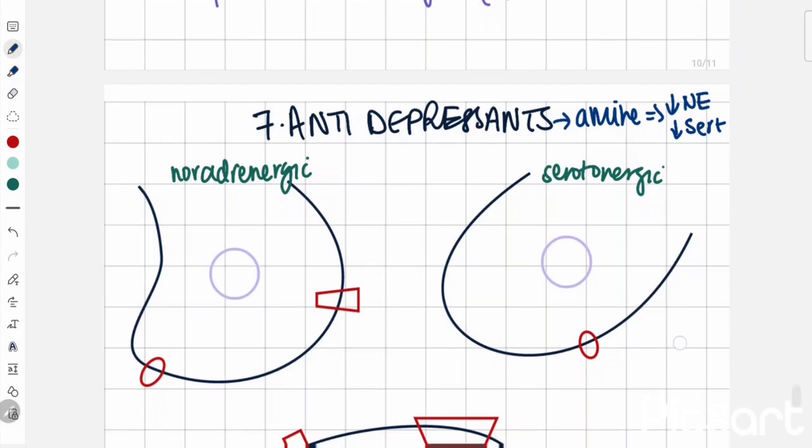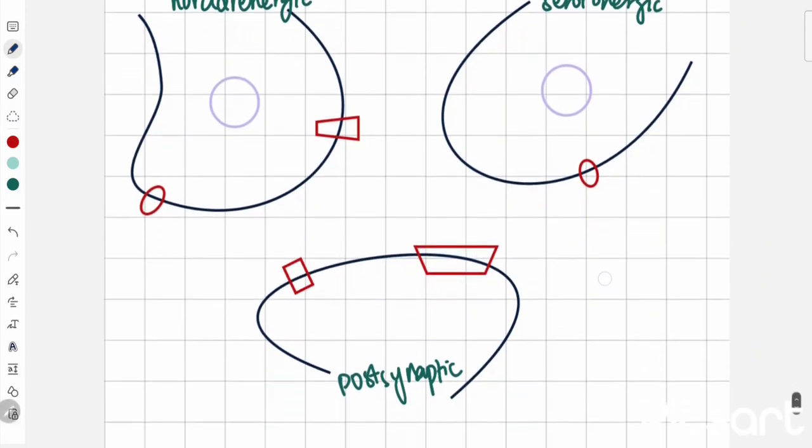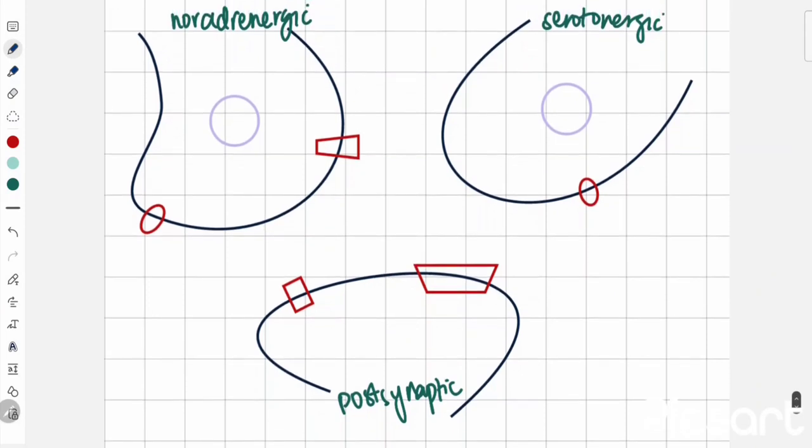So we have right here a presynaptic noradrenergic terminal, a presynaptic serotonergic, and then a postsynaptic one.